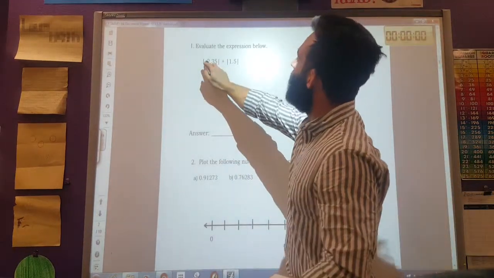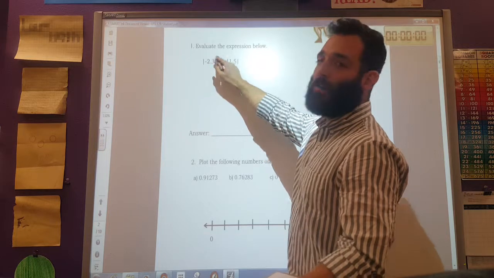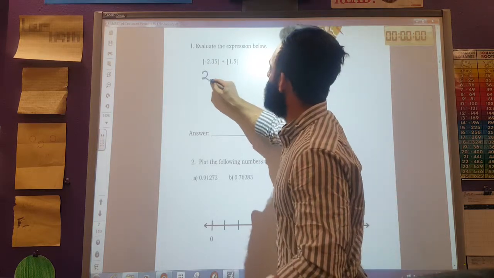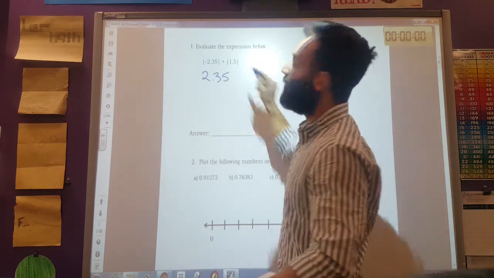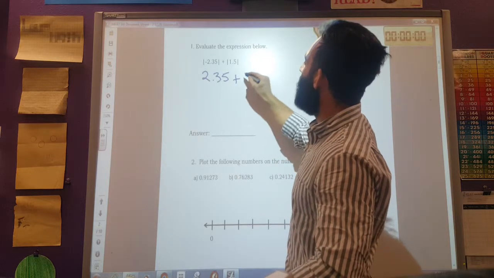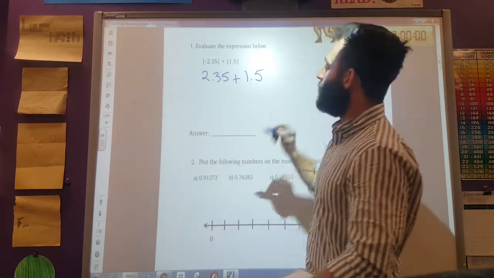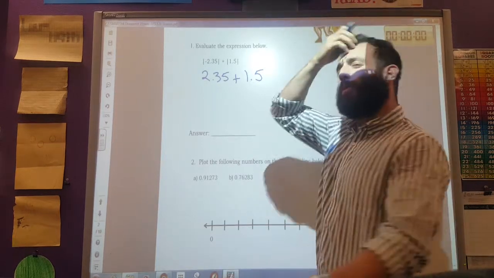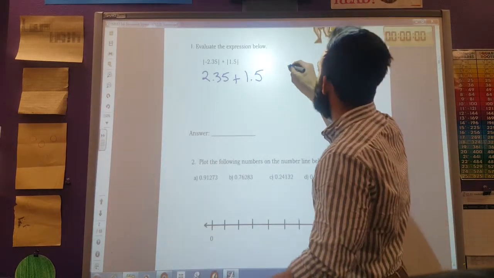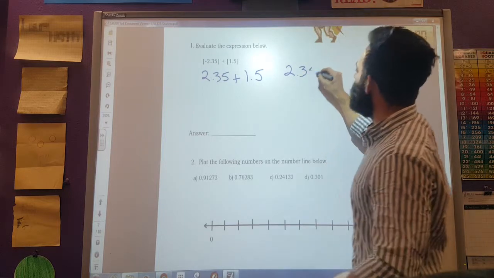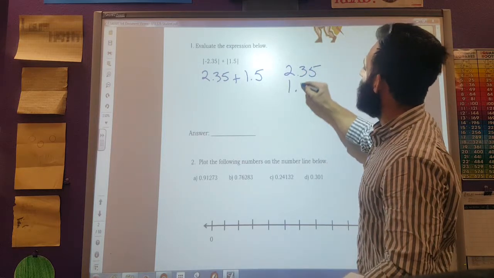I know that negative 2 and 35 hundredths is 2 and 35 hundredths away from 0, and I'm adding that to 1 and 5 tenths, which is 1 and 5 tenths away from 0. So I add those together, and I'm going to put them vertically so I can line up the decimal. So I have 2 and 35 hundredths plus 1 and 5 tenths.